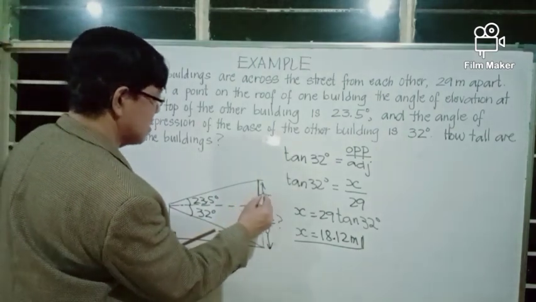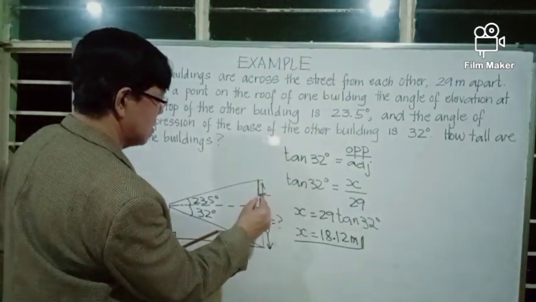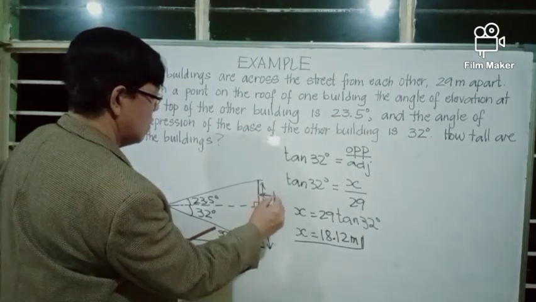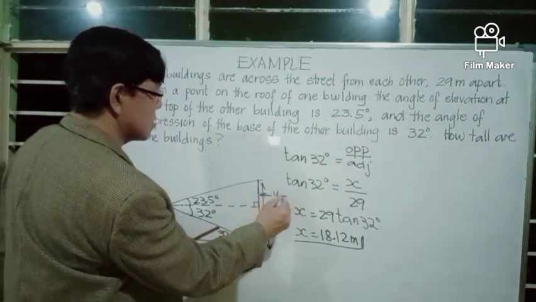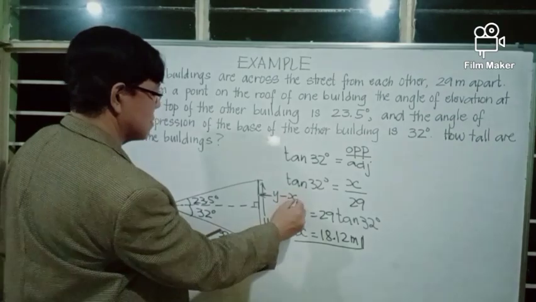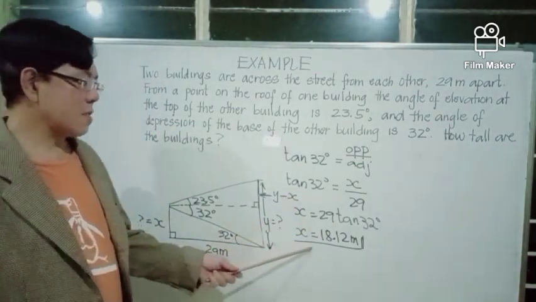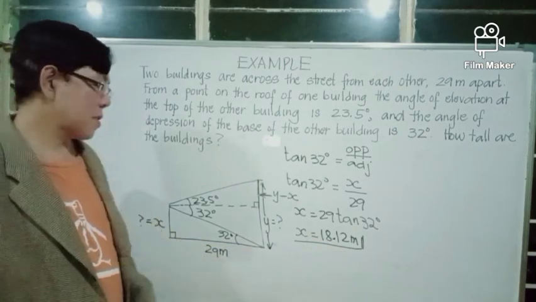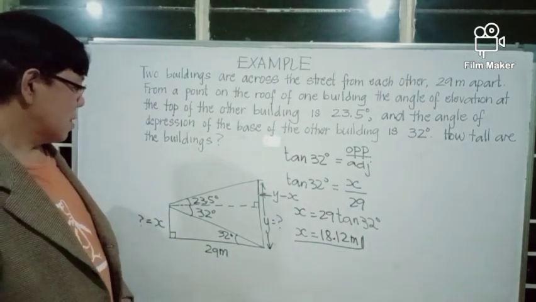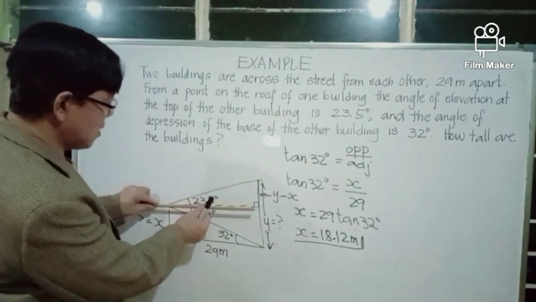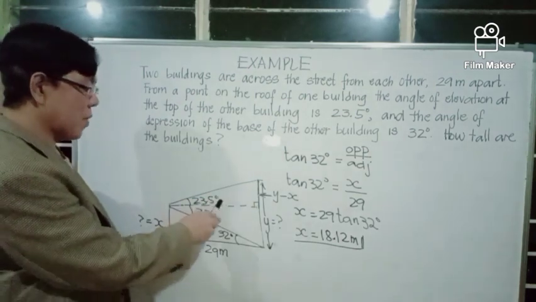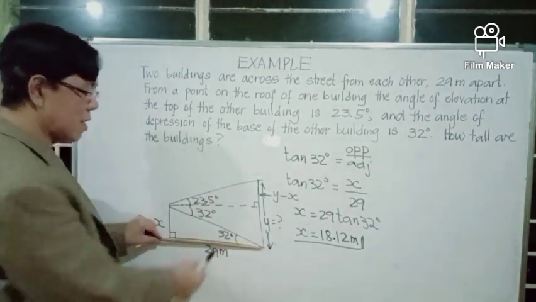This is y minus x. And x is 18.12 meters.